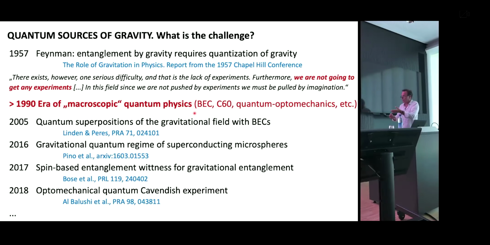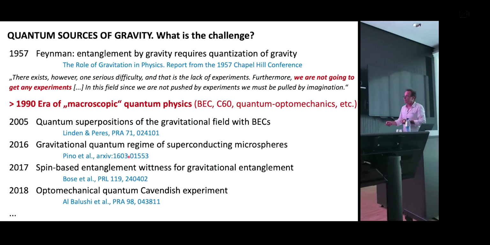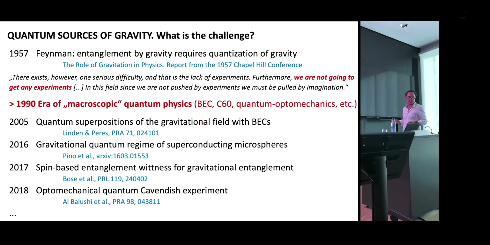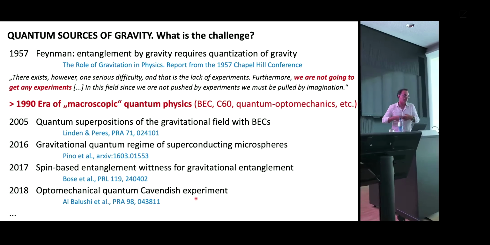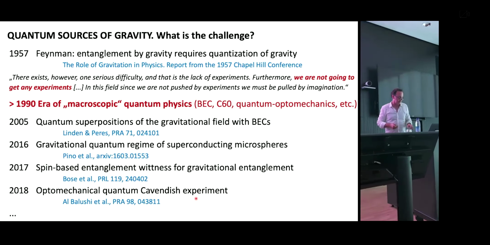But for our purpose, what also happened is, with the advent of more and more massive systems, more and more ideas came up for how to actually generate quantum superpositions, then also of gravitational fields. There's a whole literature of different experimental proposals for how these things could be done.